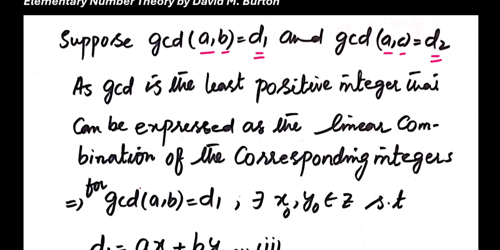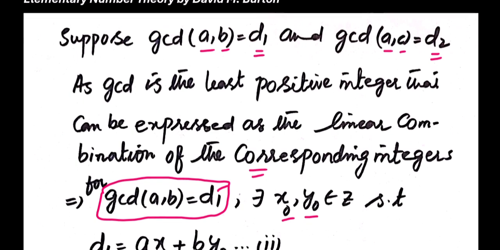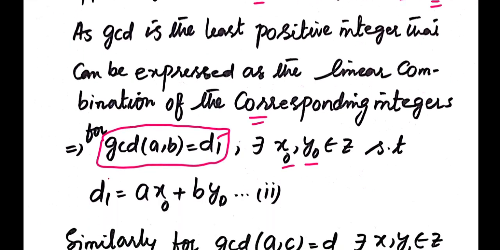So when you consider the GCD of A and B is equal to D1, according to this result, there exist integers x0 and y0 such that we can express D1 as a linear combination of A and B. As you know, this form, A x0 plus B y0, a sum of products, is called a linear combination.